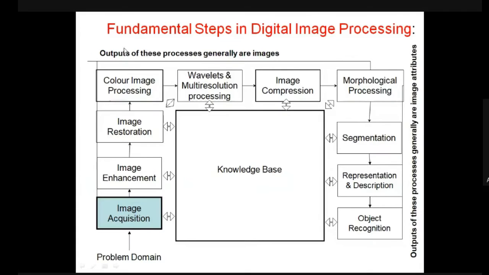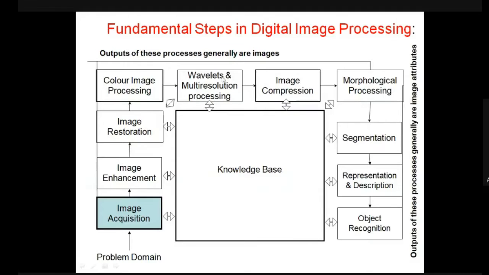Now we'll see the fundamental steps in digital image processing. If you see the first block, second, third, fourth, fifth, sixth, seventh, these seven blocks are low-level processes. Why are they low level? Because the input is an image and the output is an image.